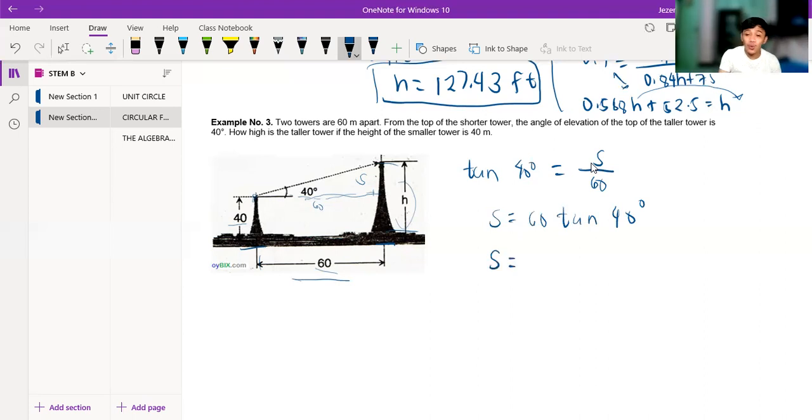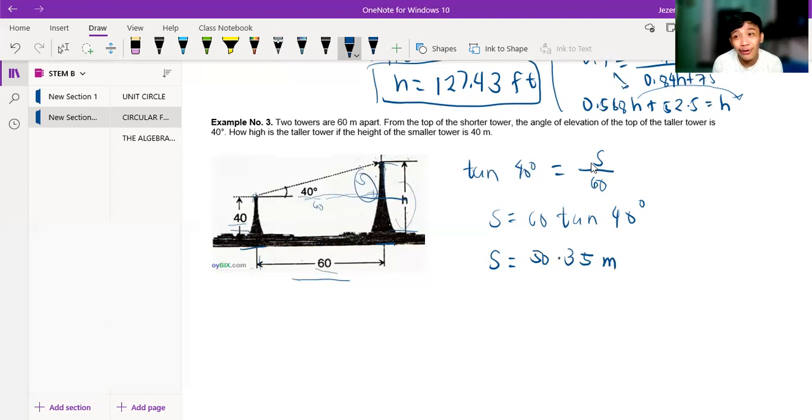So, ang S natin ay 60 tangent 40, 50.35 meters. Ang S ay 50.35 meters. Ayan tinatanong, gaano kataas yung tower? Yun lang kataas na yun. Therefore, i-plus natin yung 40. Kasi, ang bilang naman ng 50.35 ay pagkatapos ng 40 meters.